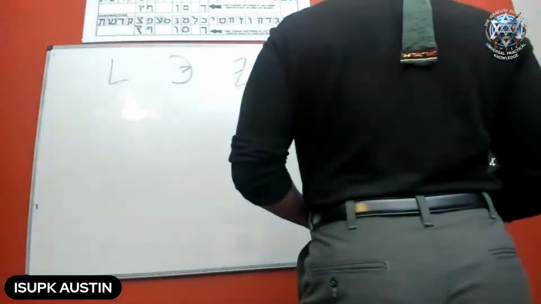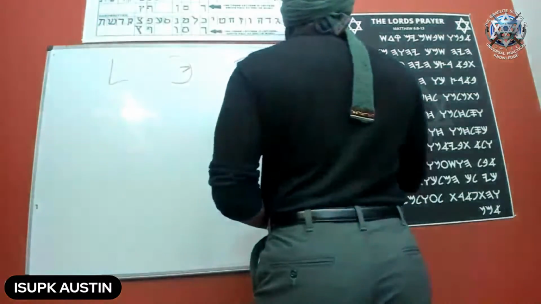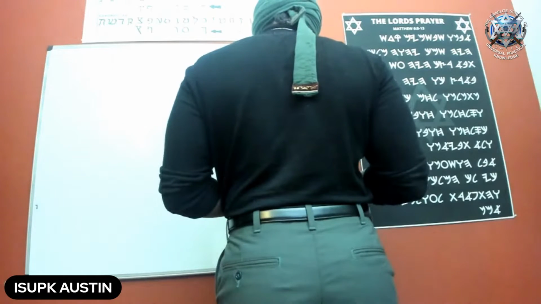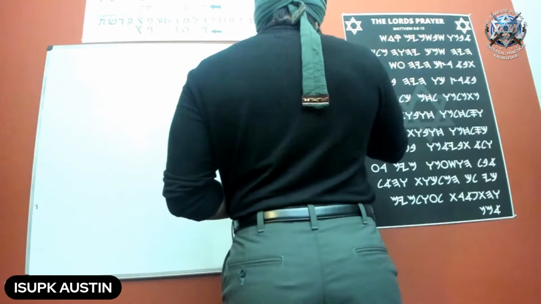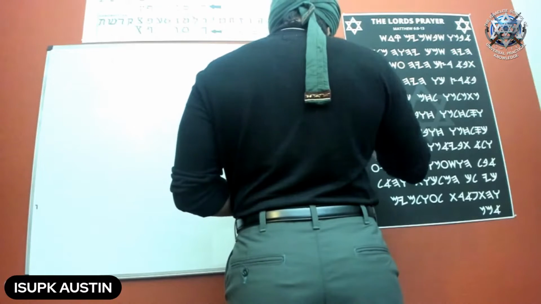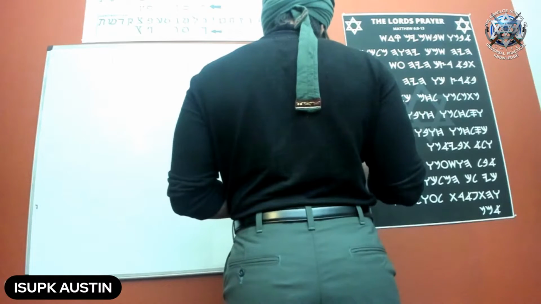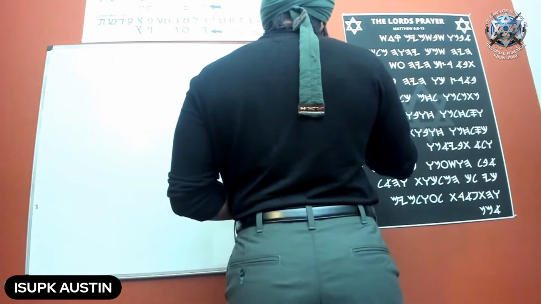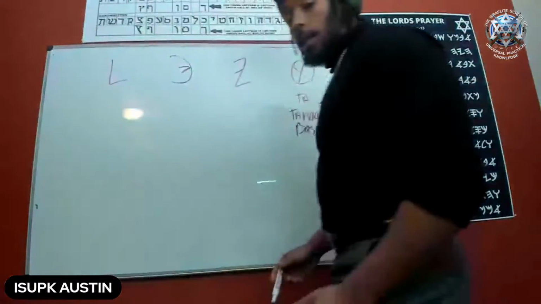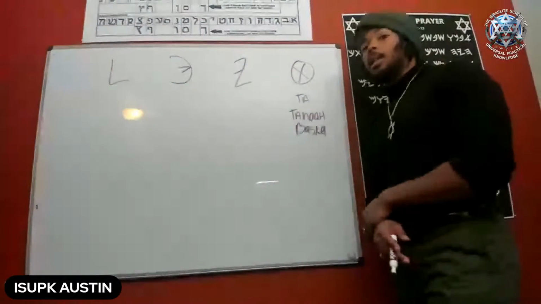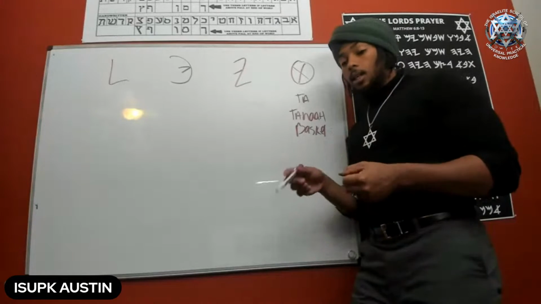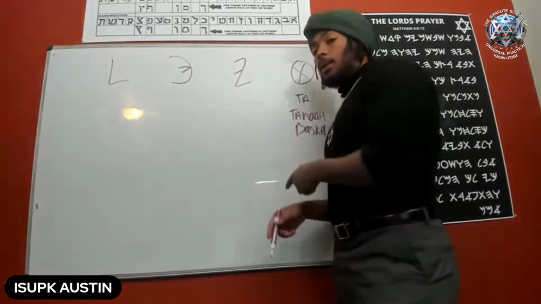So for ta, it comes from the word tana, which is a basket. Think of a basket, like those old picnic baskets made out of woven wood. When you look into it, you see the inside of the basket. That's what it represents.